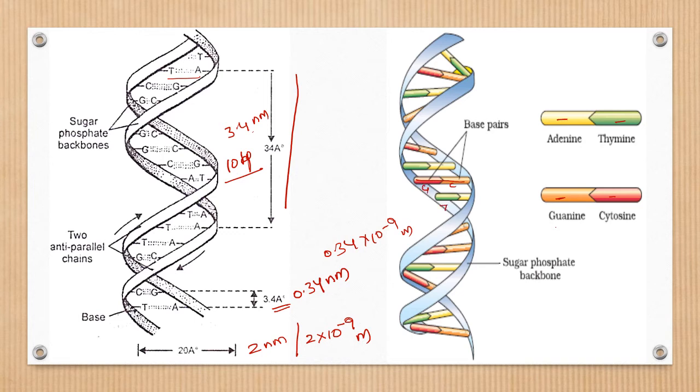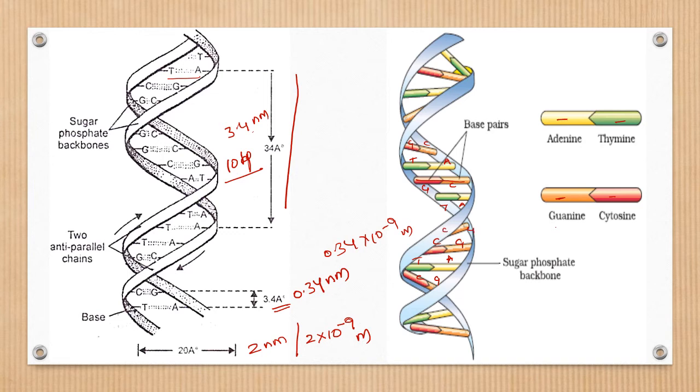Similarly, here thymine and adenine, here guanine and cytosine, here guanine, cytosine, thymine, adenine, and here cytosine and guanine, and guanine and cytosine.